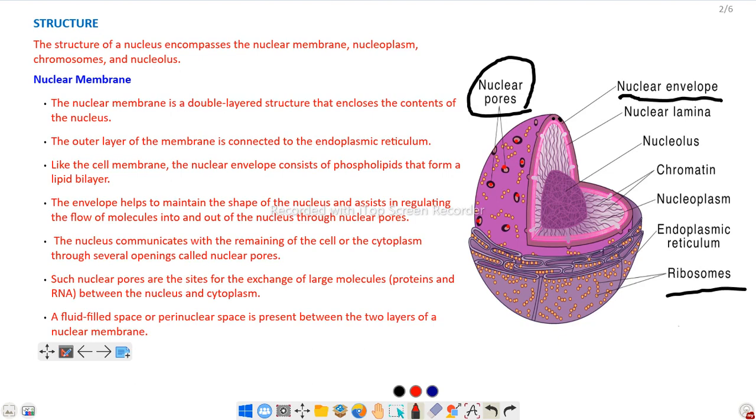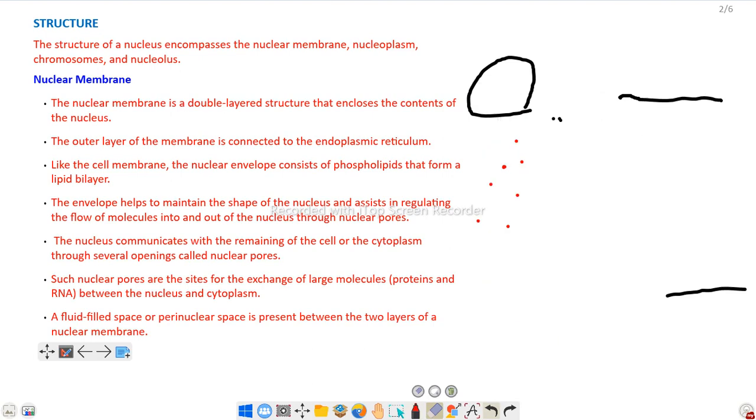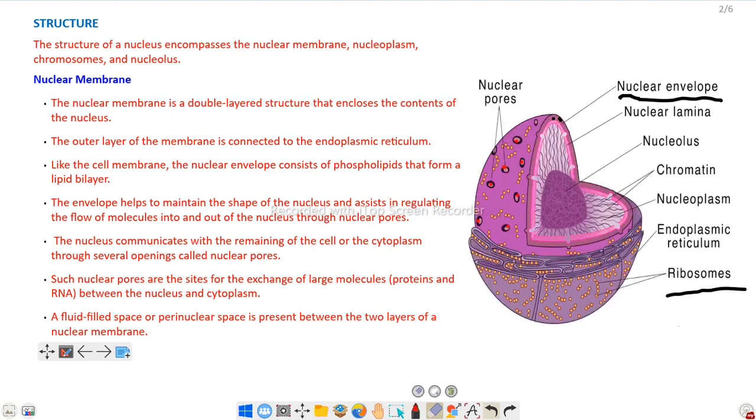The nucleus communicates with the rest of the cell, the cytoplasm, through several openings called nuclear pores. These are the several nuclear pores here. Such nuclear pores are the site for the exchange of large molecules between the nucleus and cytoplasm, as I said, in and out of the nucleus.